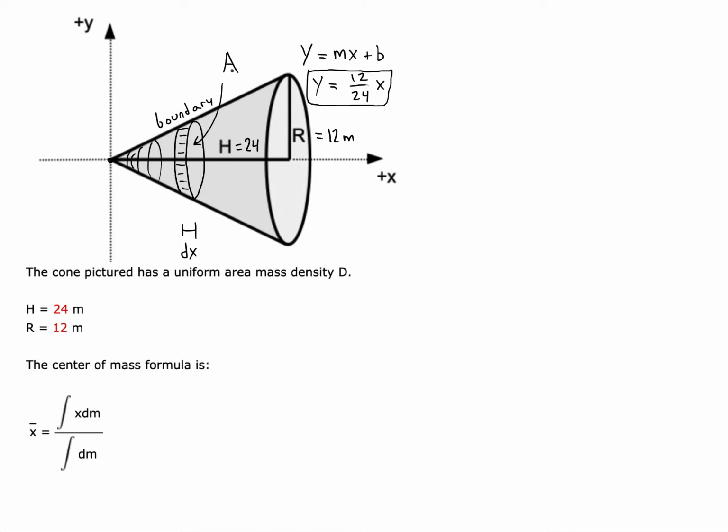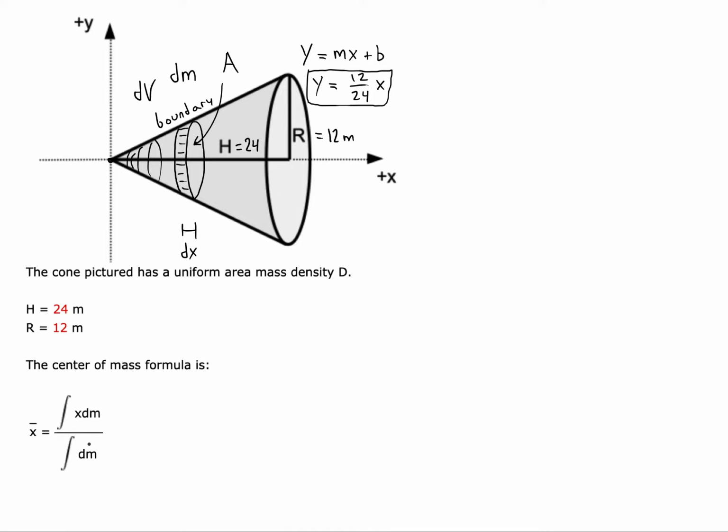So that's why this one's just A and this one's dx. Now that shape would also have an infinitely small volume, dv, and an infinitely small mass too, which is dm. So these are all different properties that the disk would have.